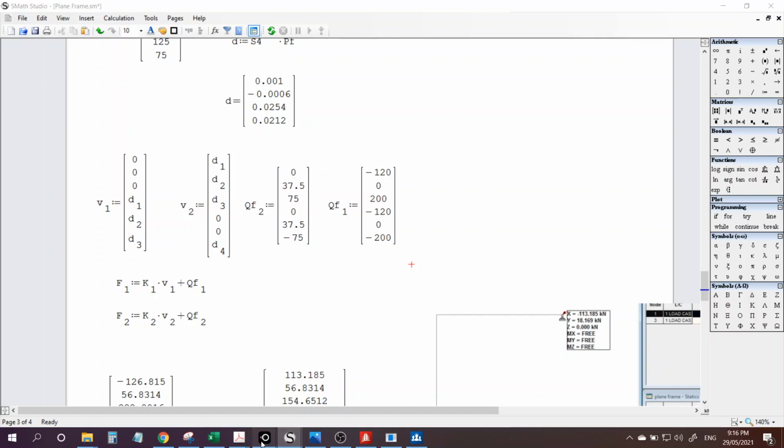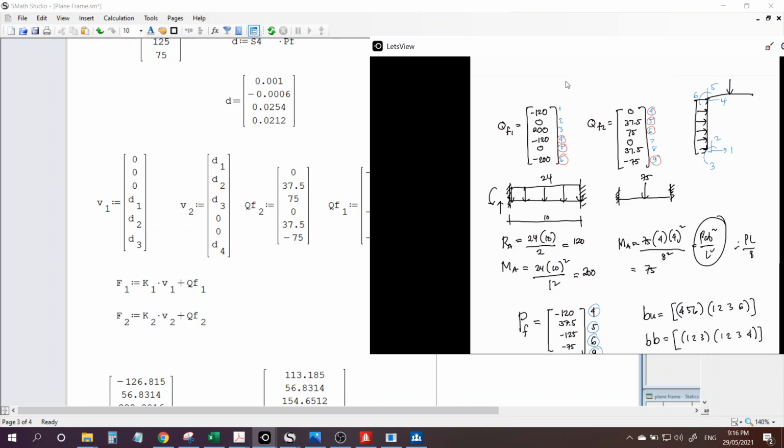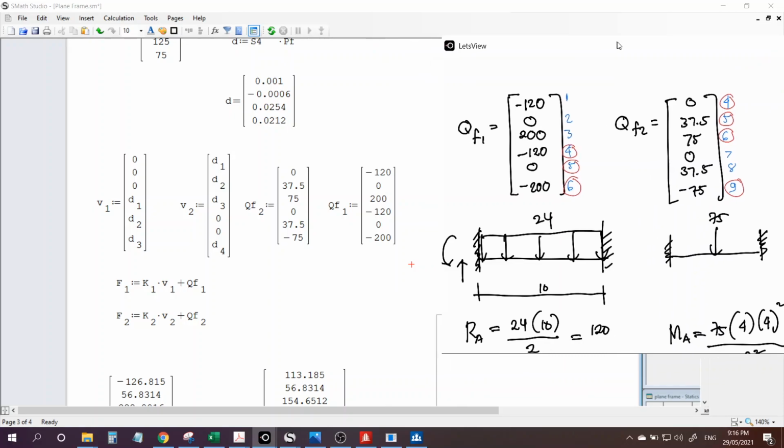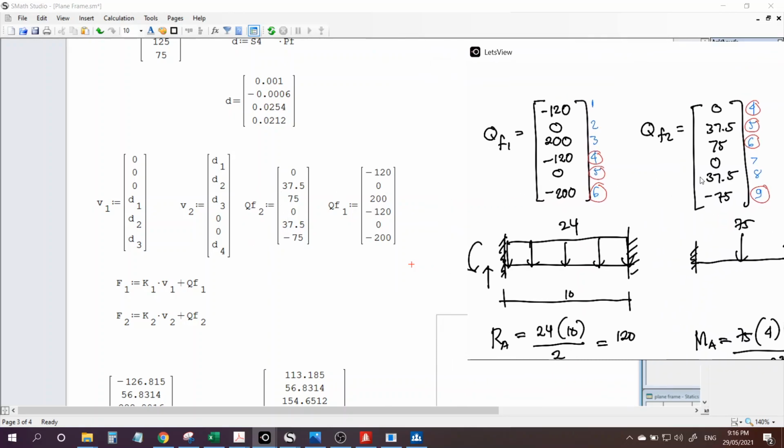Let's check the consistency. QF sub 2, and then QF sub 1, the same. Then we can now get the member end forces with this formula, k1 v1 plus qf1.